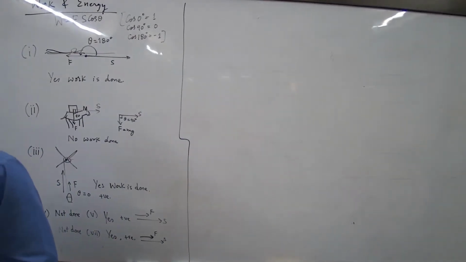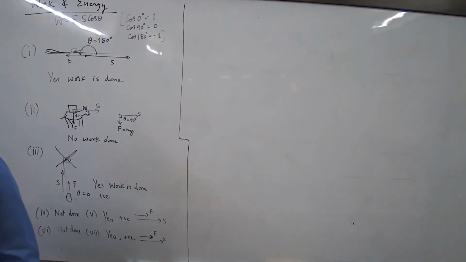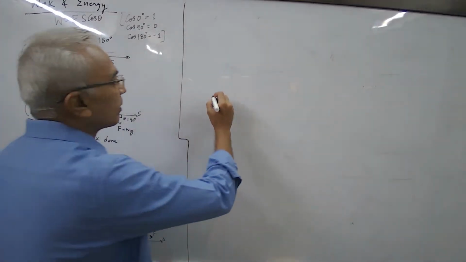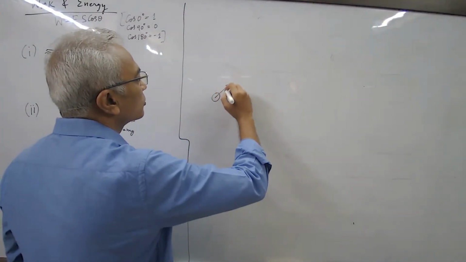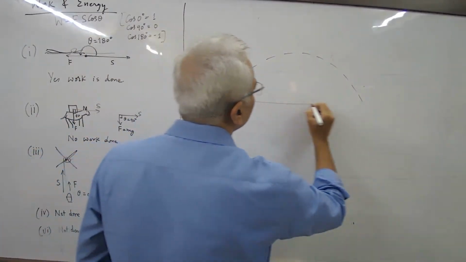Right angle. It is 0. Why? Because this is a right angle. How right angle? Object is thrown at a certain angle. Ball is thrown. It moves in a curve and falls back to the same horizontal line.